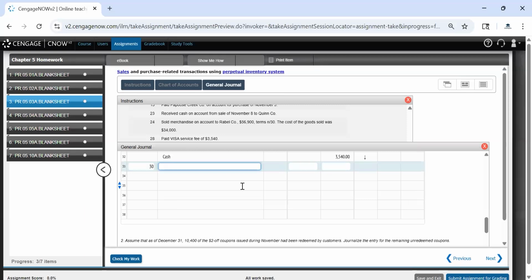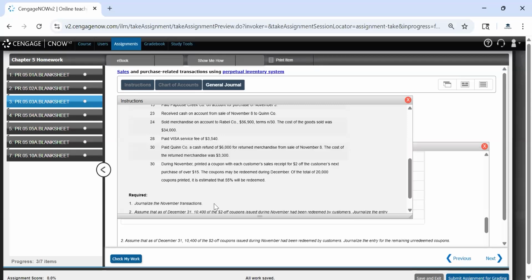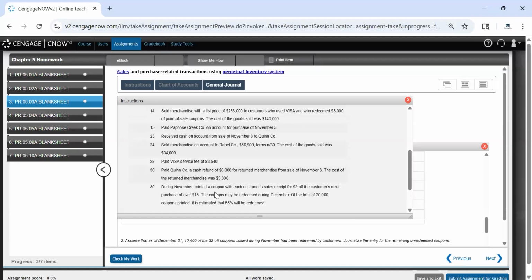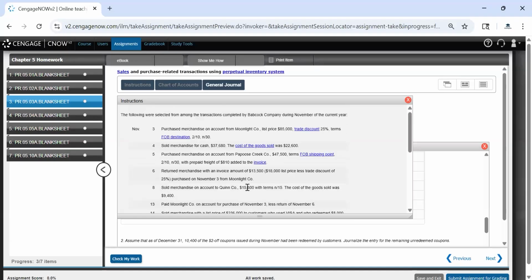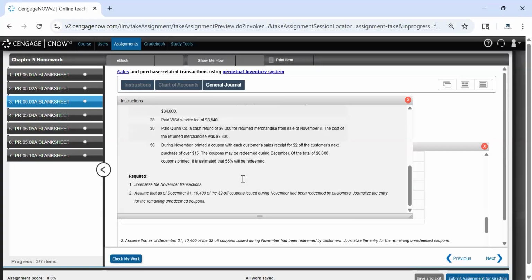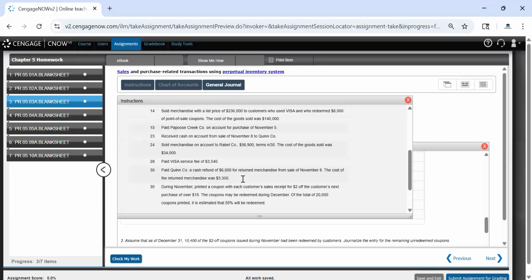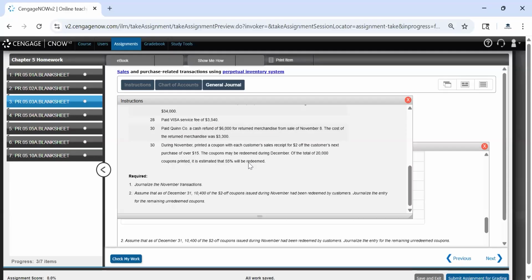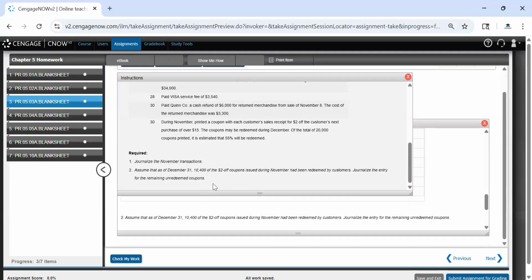In this case, we are going to assume that the company has made accruals previously to account for estimated returns, and that they record returns on a running basis where they accrue for any returns and any coupons that are going to be used in the future.